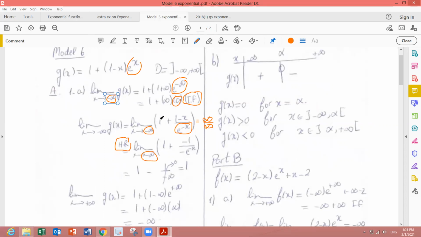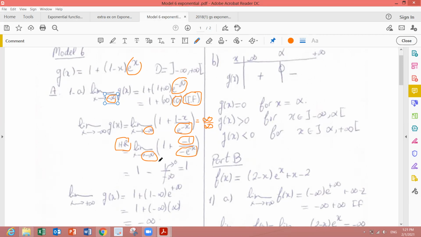ال1 هيدا ما بنعمل له Hopital ما بنعمل له derivative بضل 1. Derivative لل1 minus x is minus 1 over derivative lel e to the minus x is minus e to the power minus x.